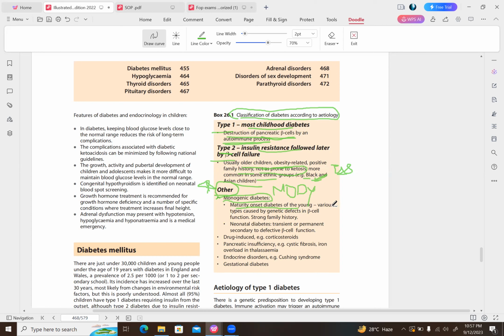These, they have a very strong family history and they give you a scenario in which there is the early presentation of signs and symptoms of the diabetes. And it is because of the gene, you have to memorize the name of the gene, which is ABCC8. Let me confirm.